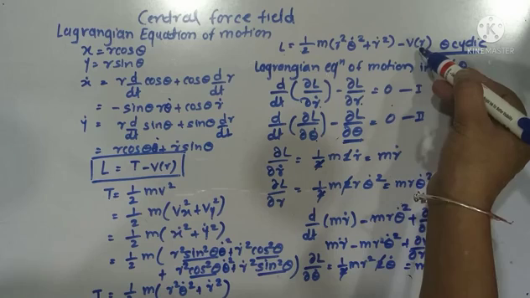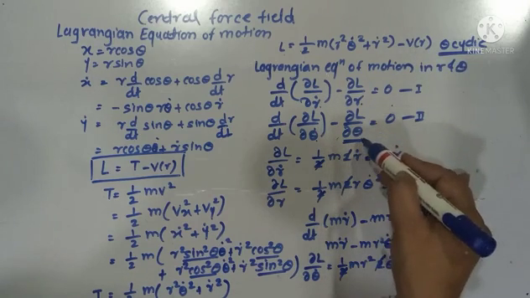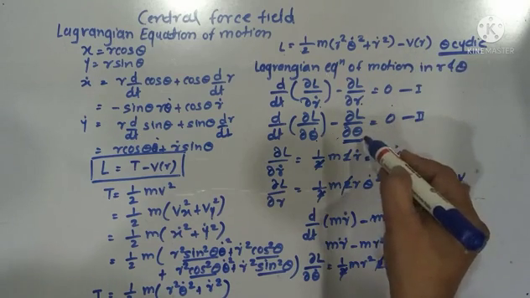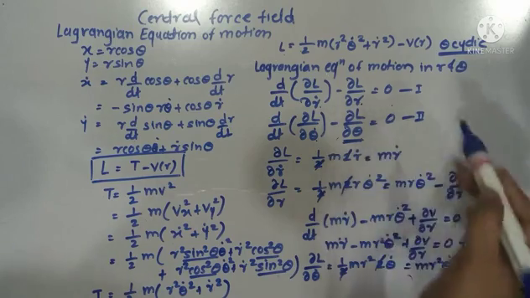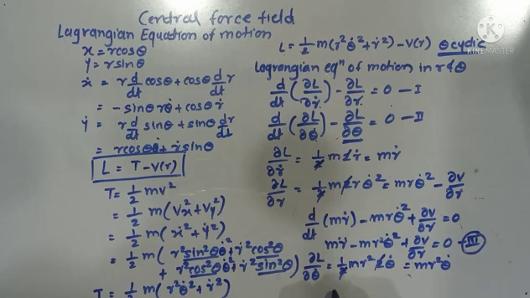And dou L upon dou theta is equal to 0, as theta is a cyclic coordinate. So the second equation becomes d by dt of m r square theta dot is equal to 0.